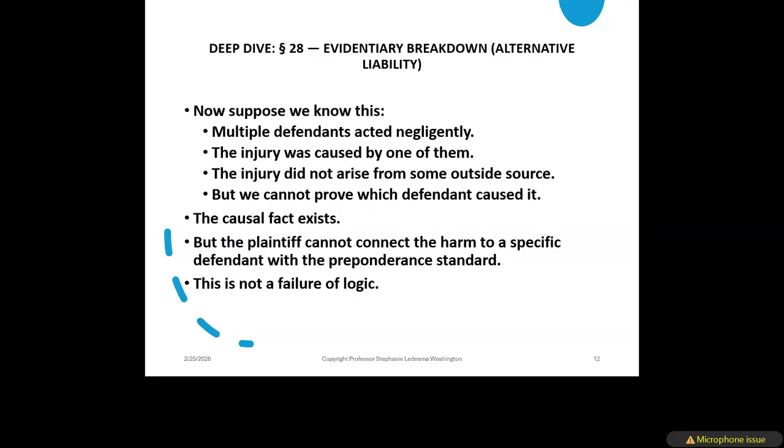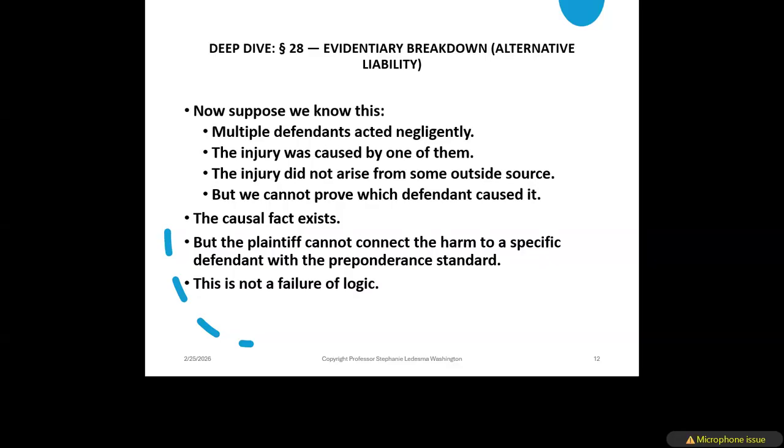That's a huge problem, right? Why? Because the plaintiff has the burden of establishing by a preponderance of the evidence, which means more likely than not. The plaintiff has the burden to establish that.